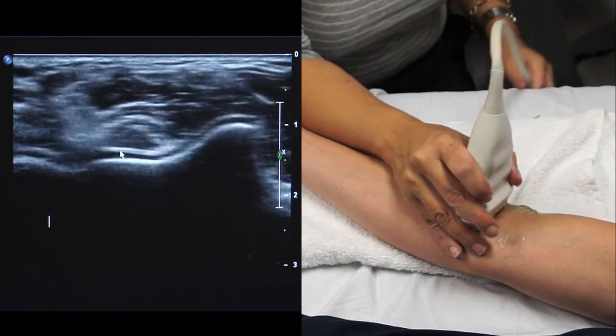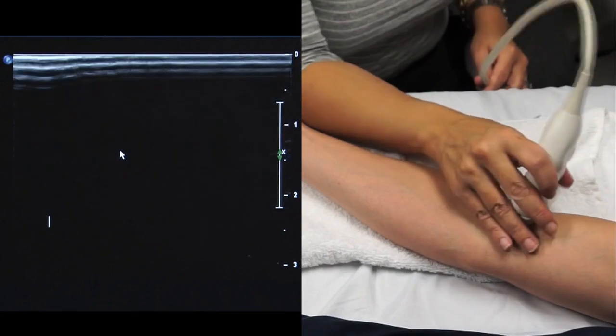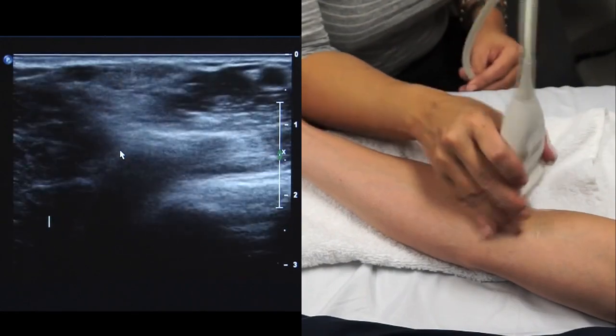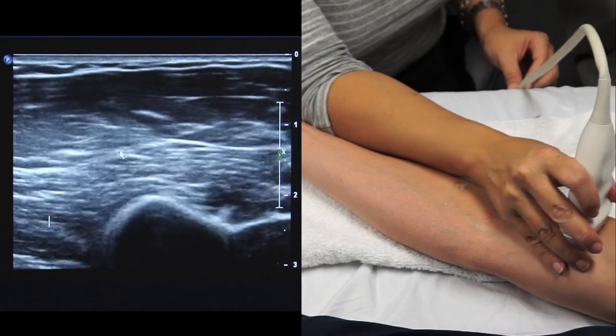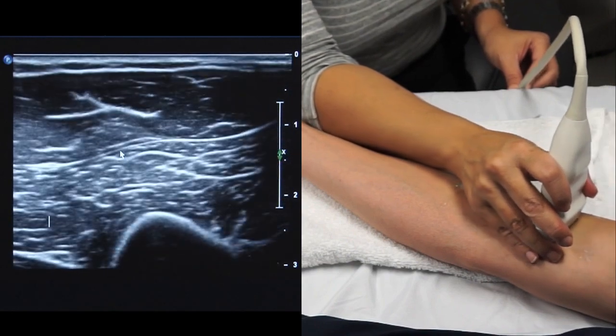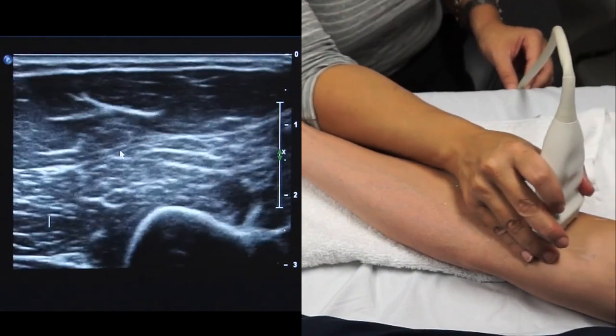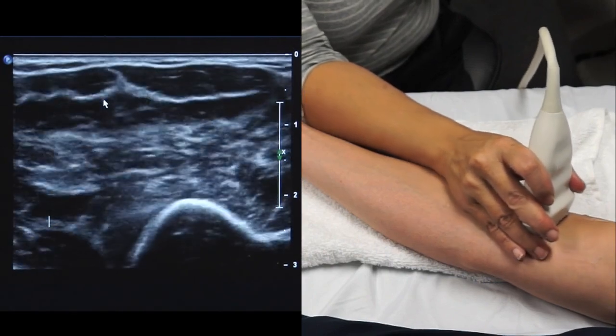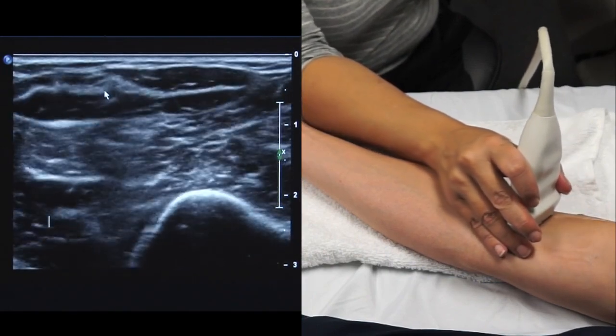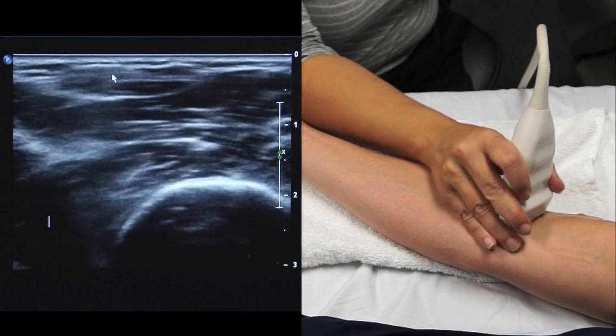Okay, now looking for the distal biceps tendon, there are a couple of ways you can do that. One way is you can start a little bit more proximal and slide the transducer down in the transverse axis and watch the biceps muscles converging to form the biceps tendon.